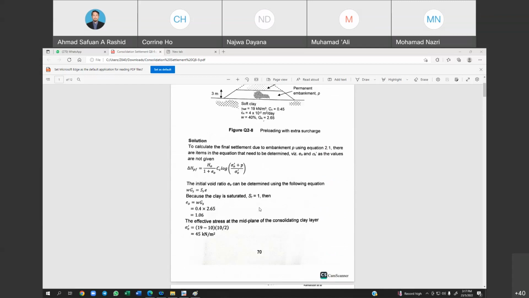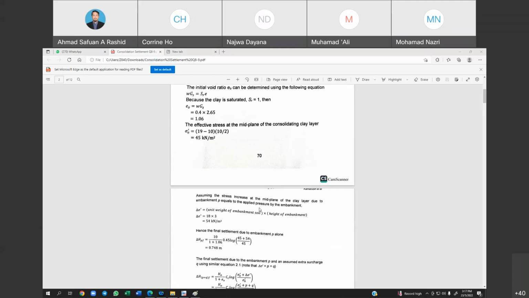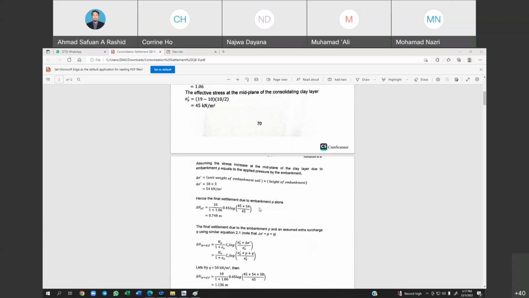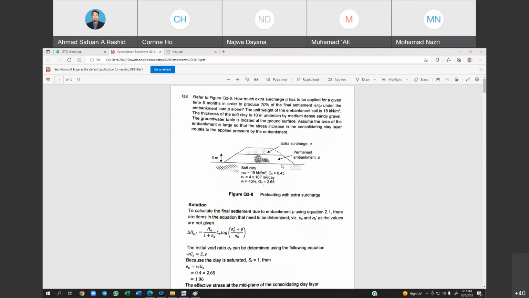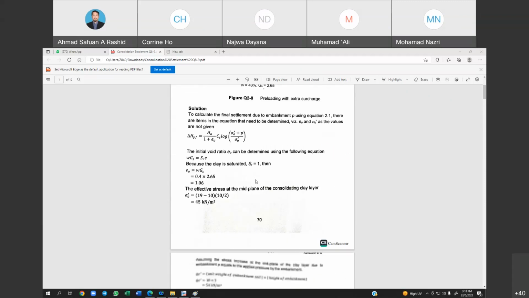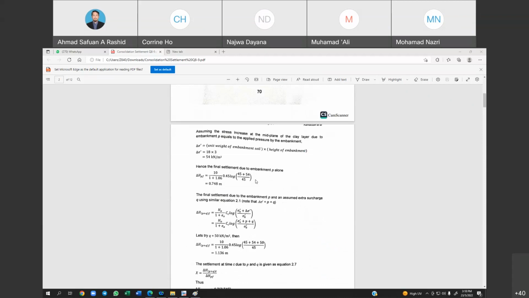Saya tak nampak 50 kat mana. 54, 45. Oh, let's try. Dia kata try. Okay, dia try. So let's try Q is equal to 50, sebab saya tak perasan dia ni.